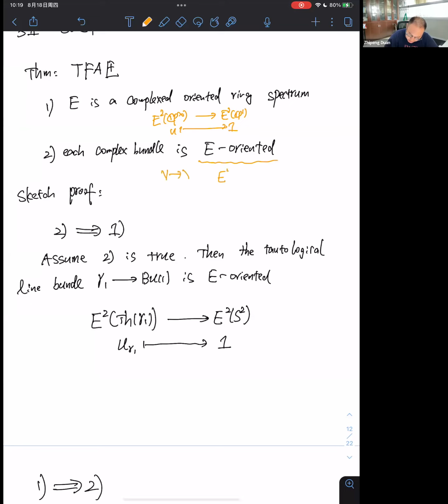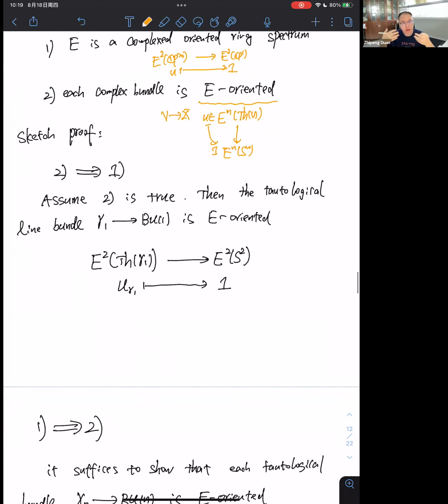If V maps to X is a bundle, and you can find a Thom class that restricts to the unit on the fiber and satisfies naturality under pullback and the Thom isomorphism, then it is called an E-orientation. So why are they equivalent? We have two directions. One direction is relatively easy: from statement 2 to statement 1.